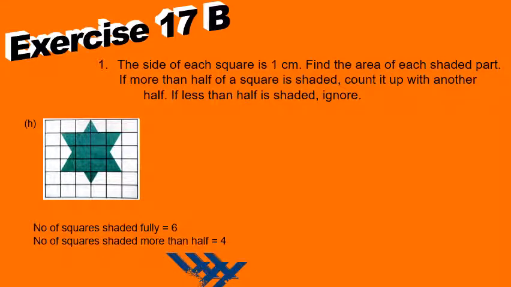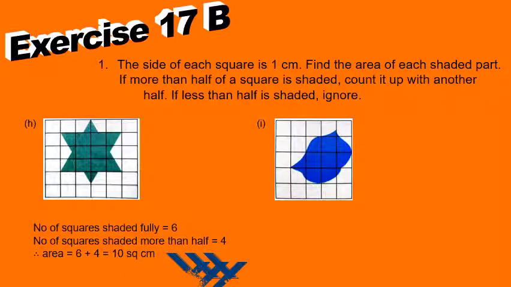And the number of squares which are shaded more than half is equal to 4. And we are going to ignore the squares which are shaded less than half. So, the area of the shaded part is equal to 6 plus 4 is equal to 10 square centimeters.